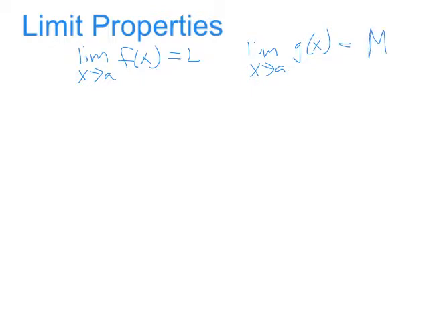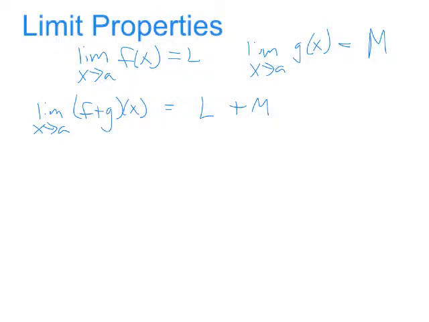If both of these exist, then we can apply some limit properties. For example, if I wanted to know the limit as x goes to a of f plus g of x, I could take the limit of each of those separately, and it'd just be the limit of f, which is L, plus the limit of g, which is m.